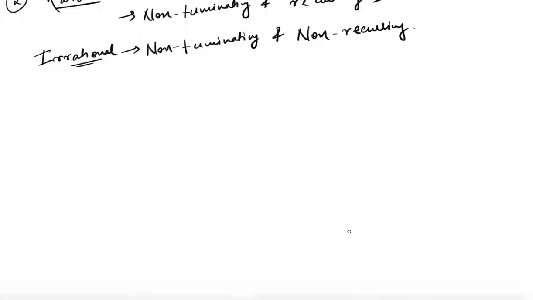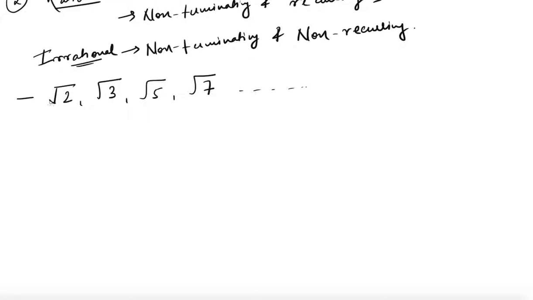Let me give you a couple of examples of irrational numbers. First, take the square root of any prime number, for example root 2, root 3, root 5, root 7, etc. Such numbers come under the category of irrational numbers. There is a proof: using the division method, you can expand them using decimal expansion, and you will see that the decimal expansions are non-terminating and non-recurring, hence they are classified as irrational numbers.